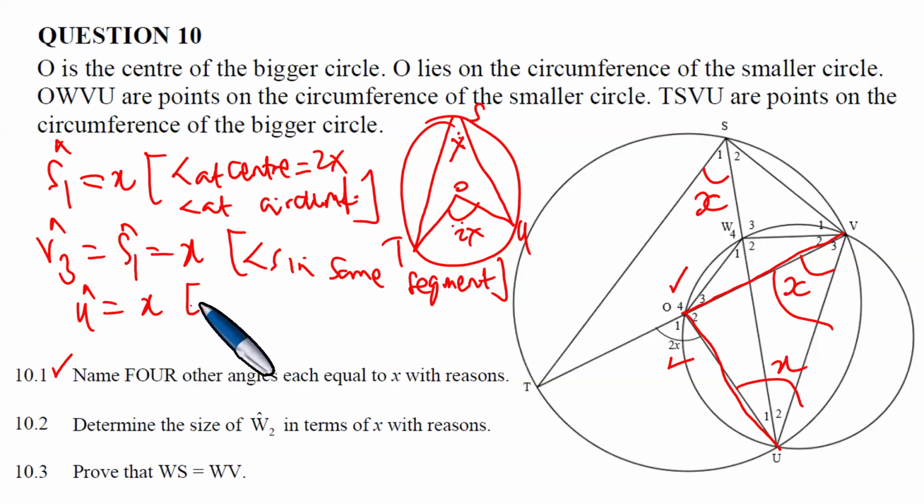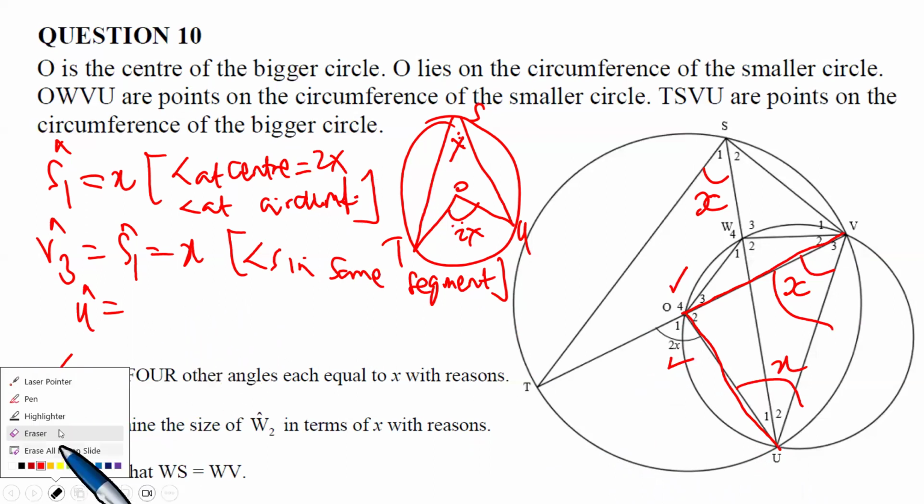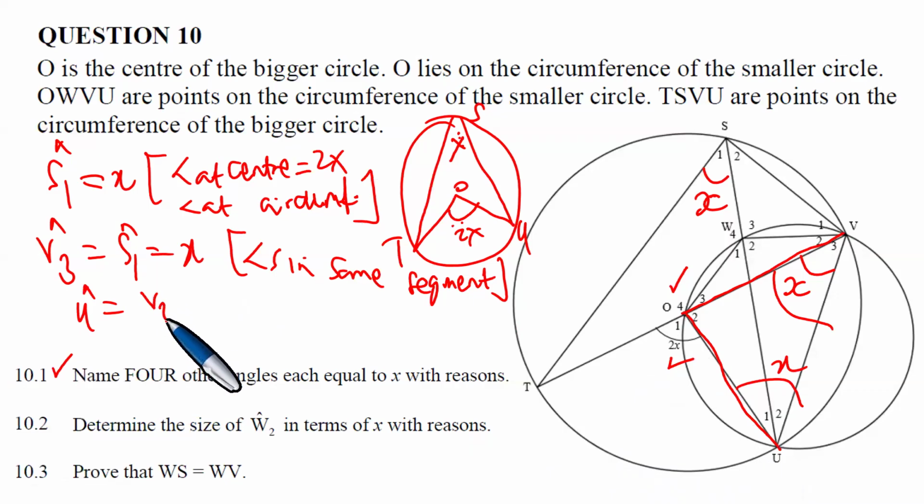The reason for that is that at this point you are able to see that O is the center of the bigger circle, meaning we have a radius and a radius, and therefore we are able to make an observation there. So the angle U is also V3, which is equal to x. You can write that: the angle U equals V3, which equals x.